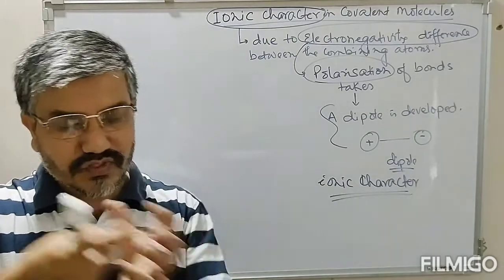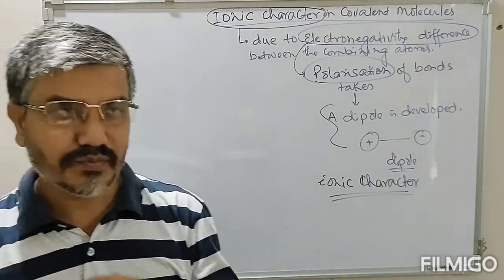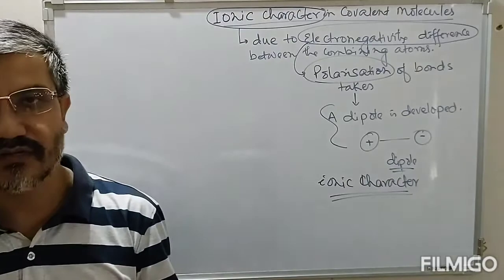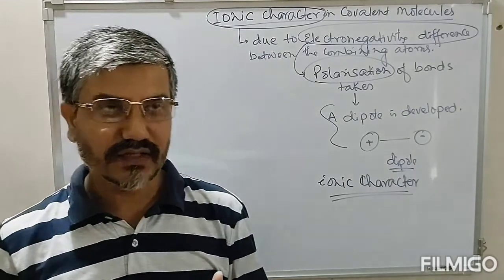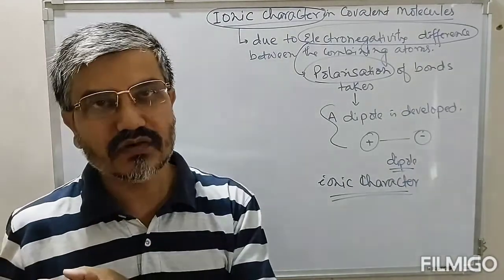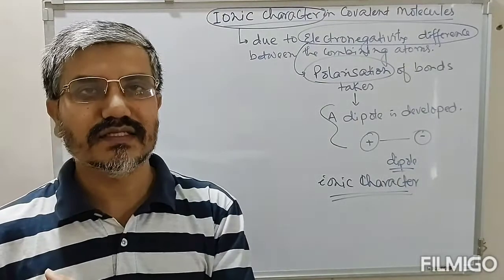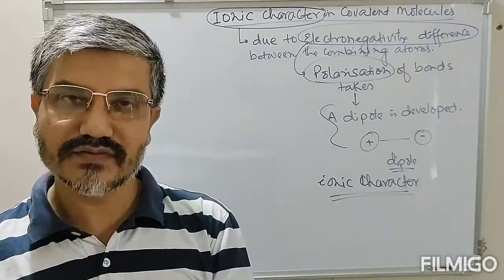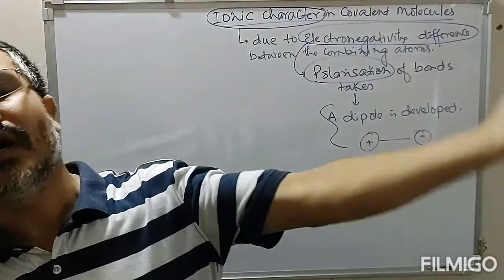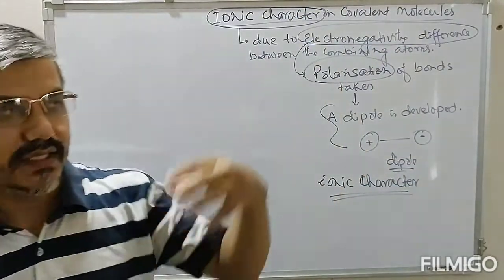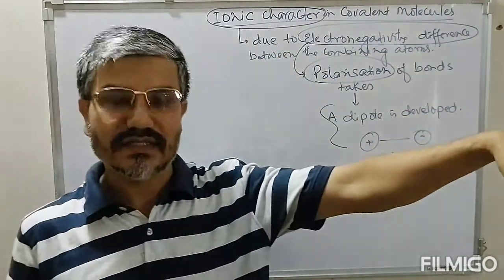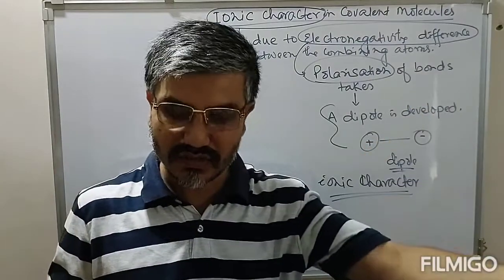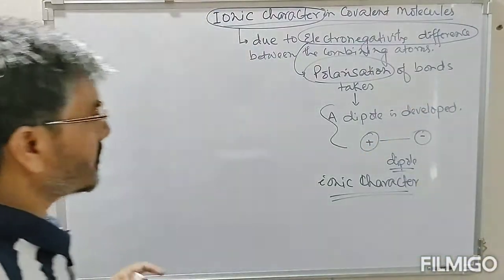So due to this withdrawing tendency, partial withdrawal of the shared pair of electron takes place, and if the electron is more towards a particular atom, electron density increases, so this will develop partial negative charge. Now since the electron is moving away from the other atom that has decrease in electron density, so this will develop partial positive charge.